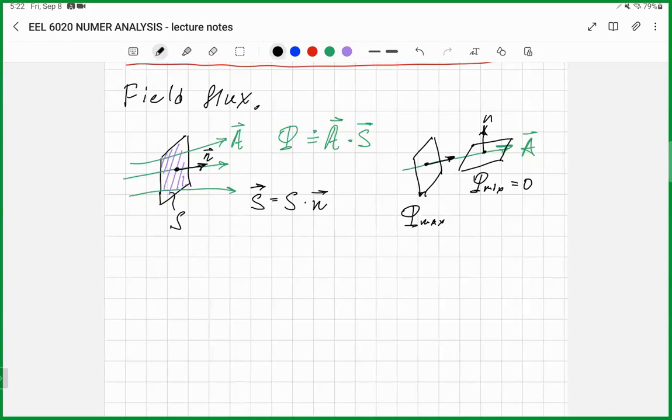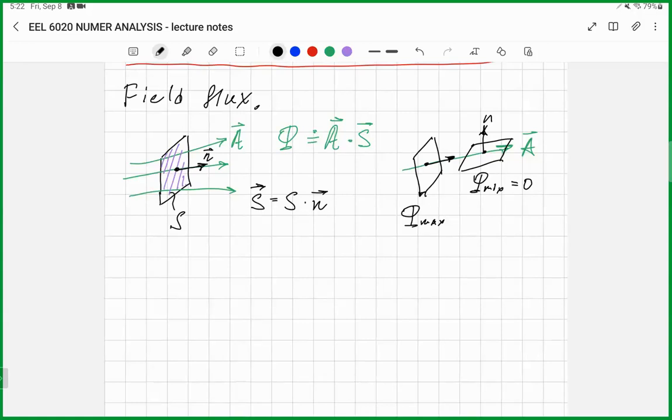So far this is fair for an area of arbitrary value, and of course we need to define the flux through an infinitesimally small part of the surface.